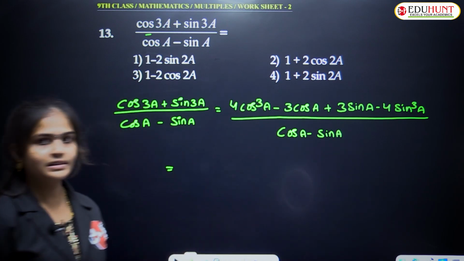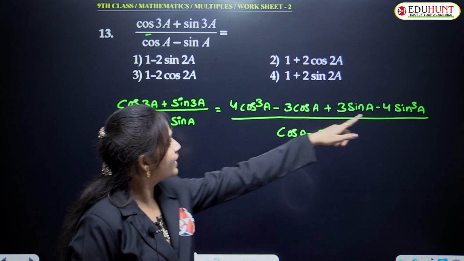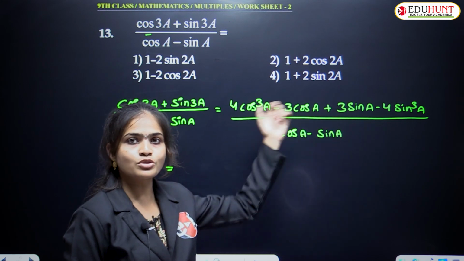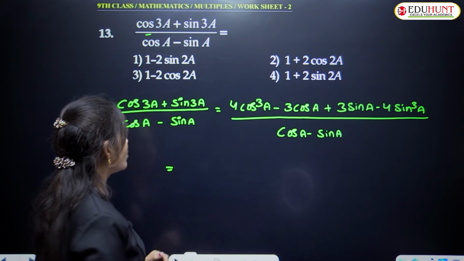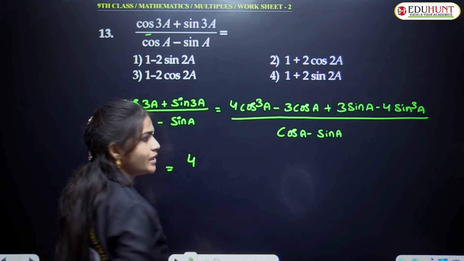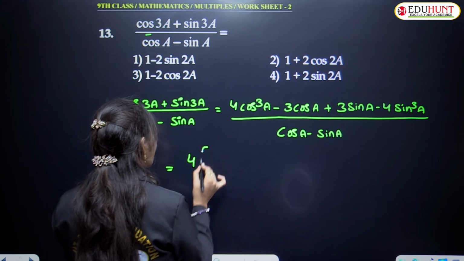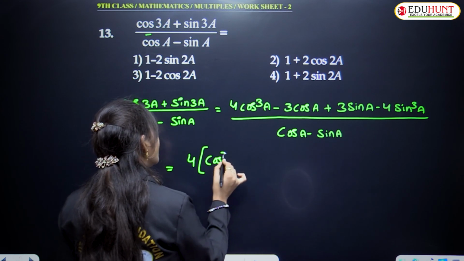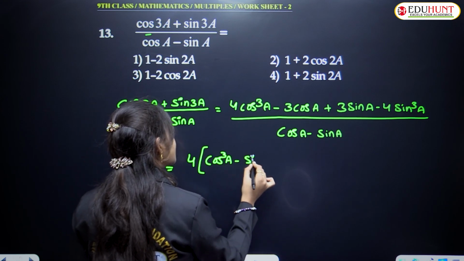Children, see that here we have 4 cos cube a and 4 sin cube a. From these two terms I want to take 4 as common, so we get 4 into cos cube a minus sin cube a.